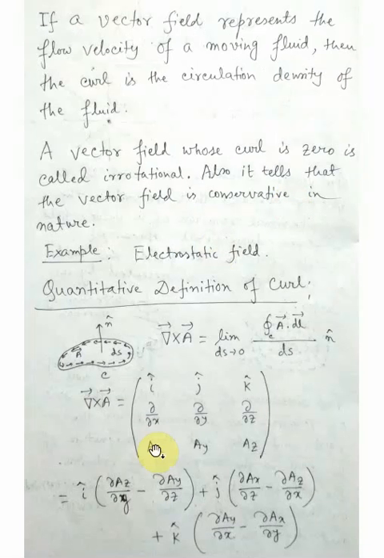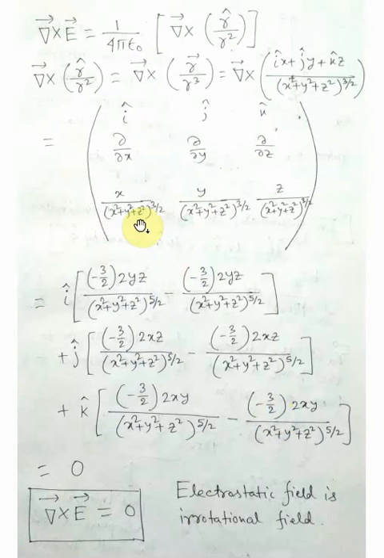If we do this operation, we can get like this, and you can see here also minus 3yz, then this is plus 3yz, so it will give us 0. So the I component is 0, j component is also 0, k component is also 0. So the curl of the electric field becomes 0. So the electrostatic field is an irrotational field, right?